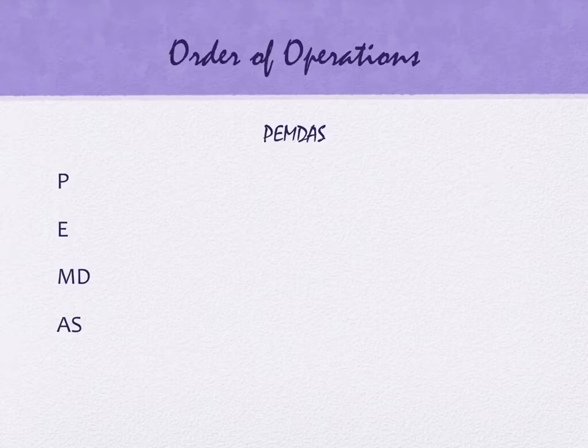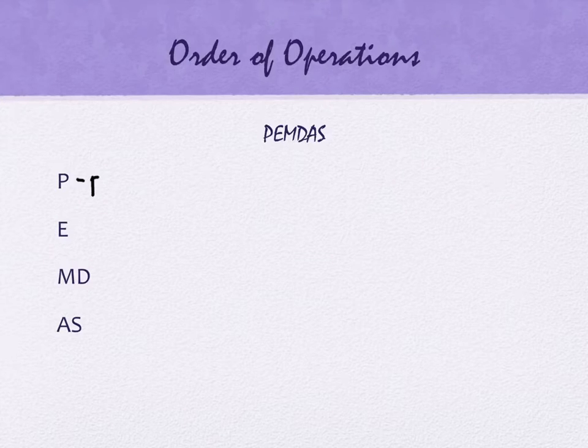There isn't really an order for the MD or the AS. Yes, multiplication and division come before addition and subtraction, but it's not true that multiplication has to be done before division. So let's write these down, and then we'll talk about an example of this.